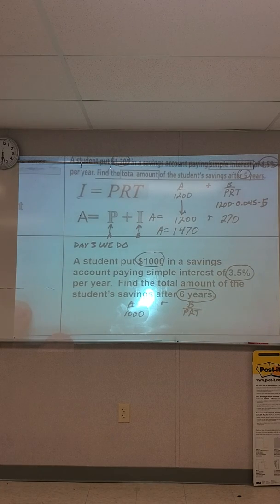So the principal is $1,000 times the rate times the time.